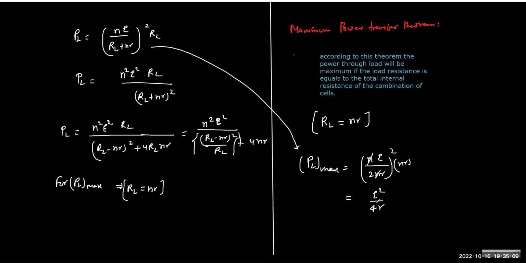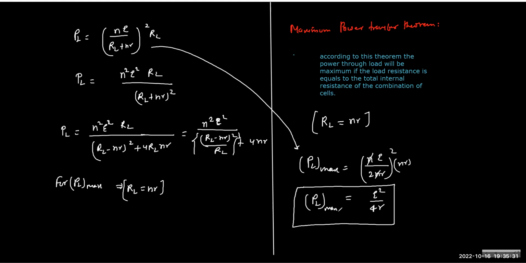E square by 4R. Now, if you remember, this was the answer which we got through the other method, by using the terminal potential and adding the power of the cell, because what you receive is what you give. So what R will receive is what the combination is giving to the R, right?